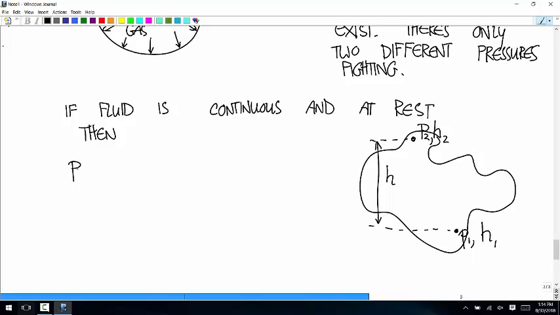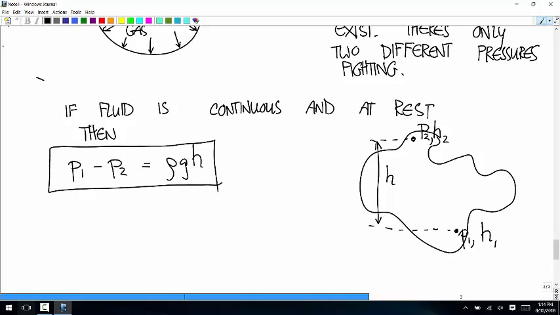then the pressure P1 minus the pressure P2 is equal to rho times g times h. So this is the pressure at the higher point. Nope, lower. P1 is the pressure at the lower point.